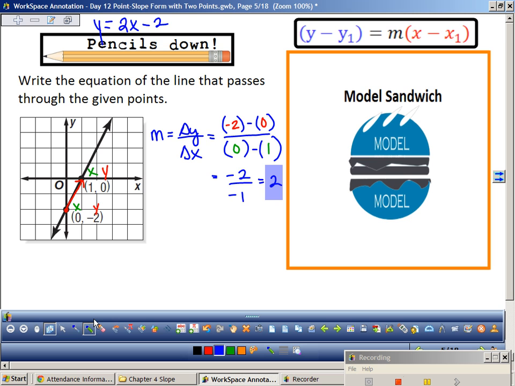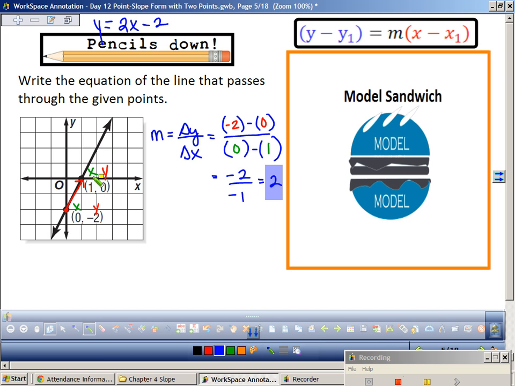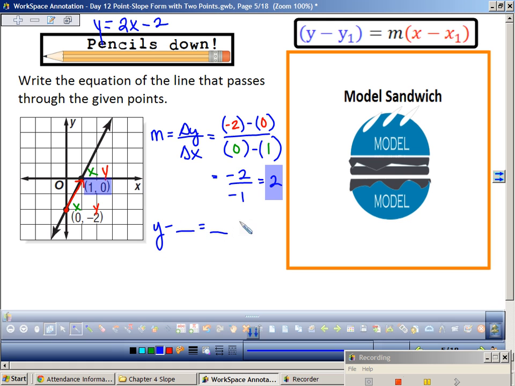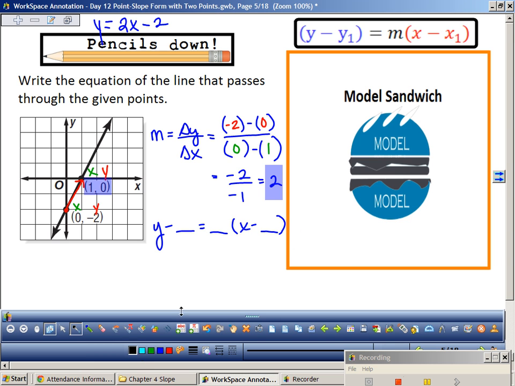Now I need a point. Pick one. 1, 0. Now I have a point and a slope. Now I just need to use point slope form, right? So y minus my y value equals my slope times x minus my x value.